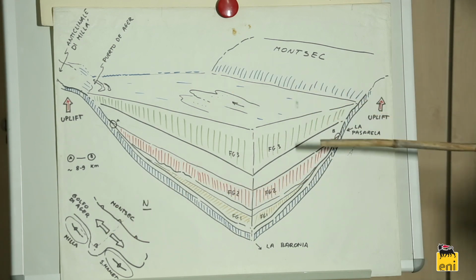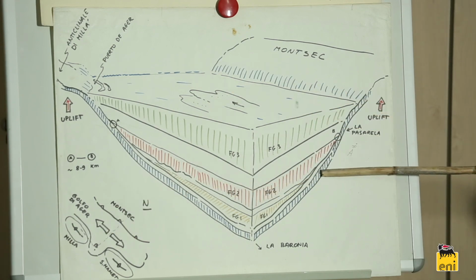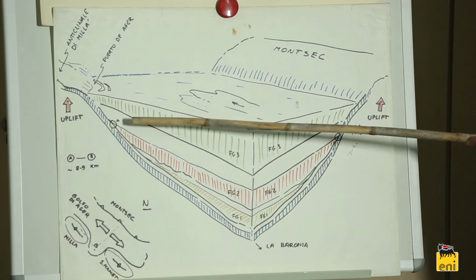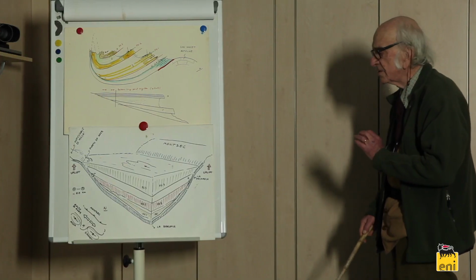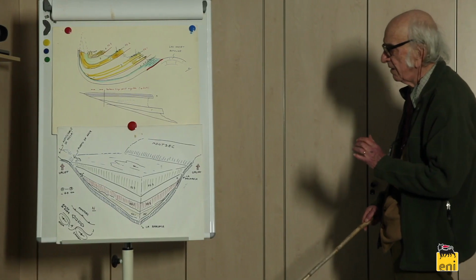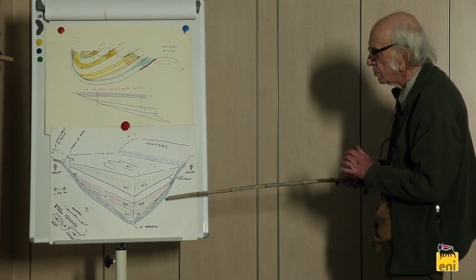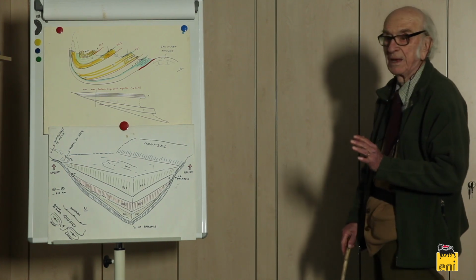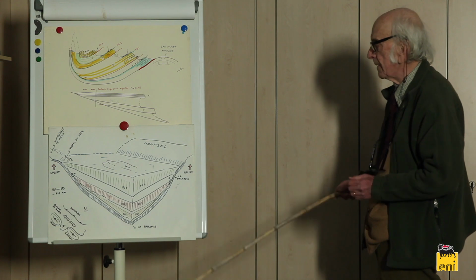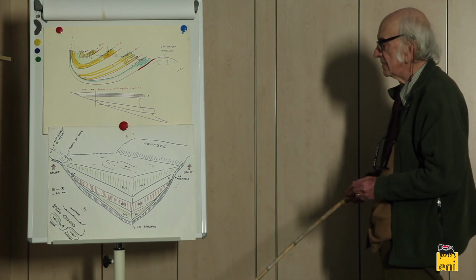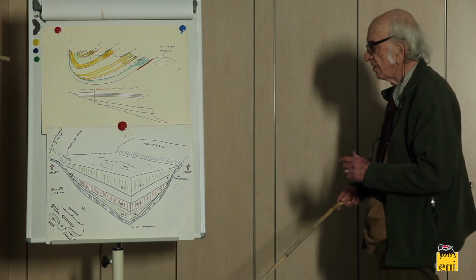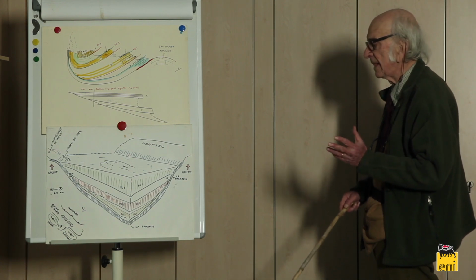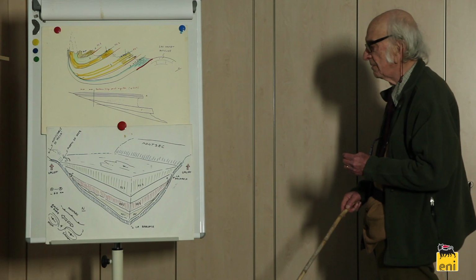And based on very precise measurement from here up to here, we can say that the width of the Gulf at the time of the Figols 2 was approximately between 8 and 10 kilometers, so it was a narrow basin.